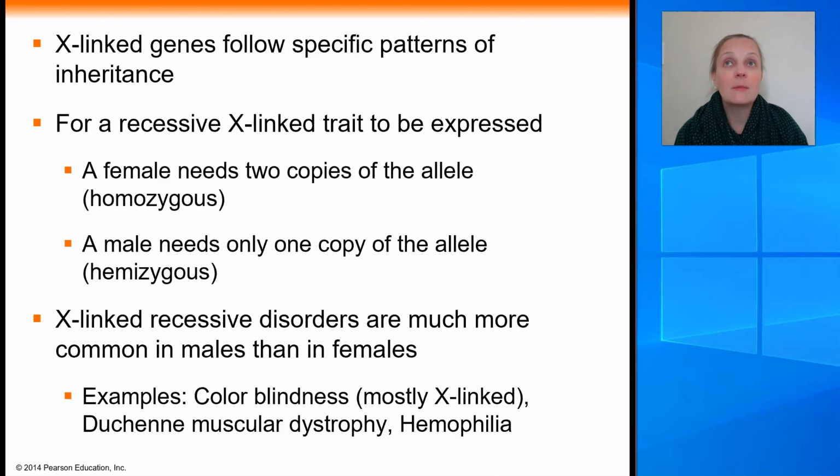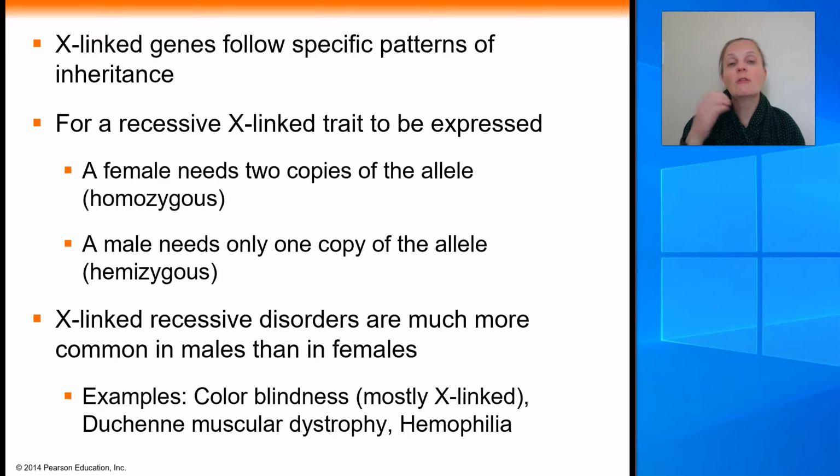Now, when we talk about genes that are X-linked or Y-linked, there's a very specific inheritance pattern, right? Only males get the Y chromosome. And then for those genes that are on the X chromosome, inheritance patterns are different for males and females because males only inherit one X chromosome and females inherit two X chromosomes.